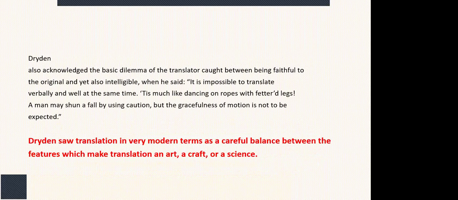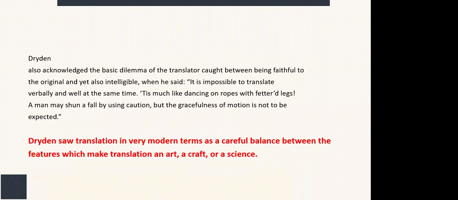So Dryden also acknowledged the basic dilemma of the translator caught between being faithful to the original and yet also intelligible, when he said, it is impossible to translate verbally and well at the same time. This is much like dancing on ropes with fettered legs, right?